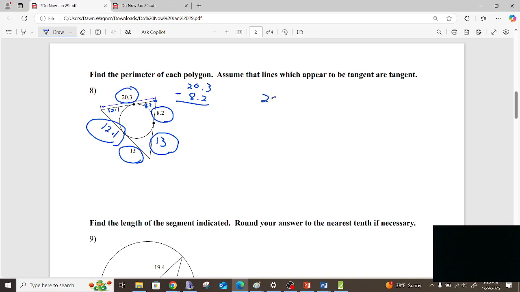So we need to add 20.3, 8.2, 13, another 13. I could put point zeros if I want to line this up, and 12.1. I'm also going to count 1, 2, 3, 4, 5. 1, 2, 3, 4, 5. Okay, I have them all. So what is this answer?